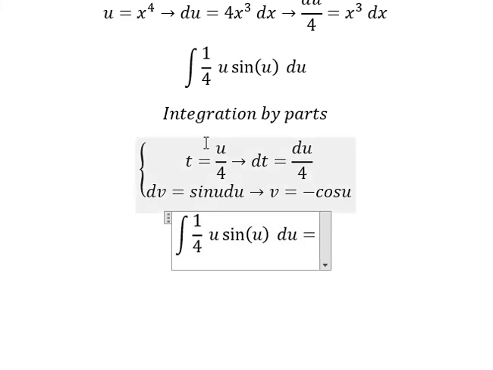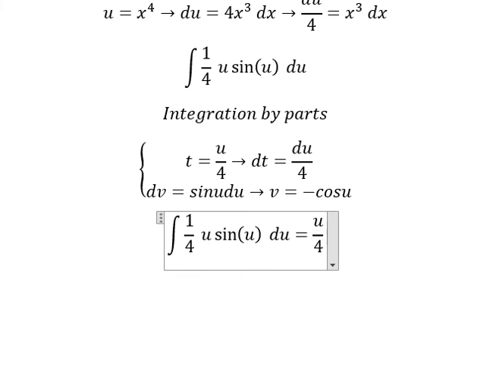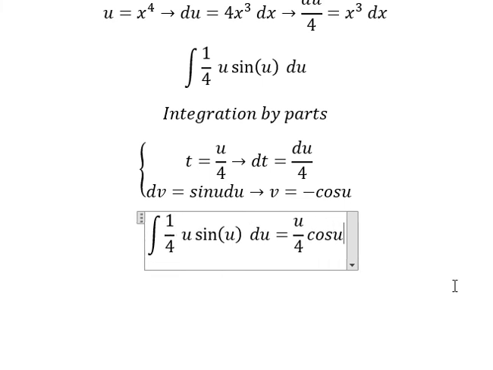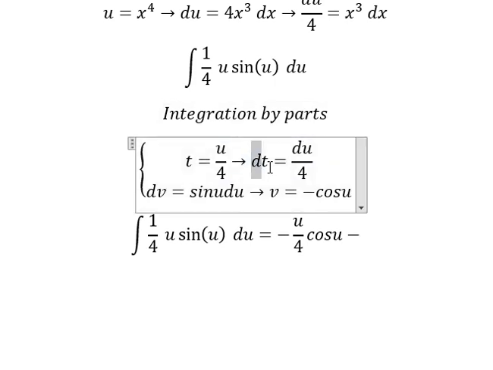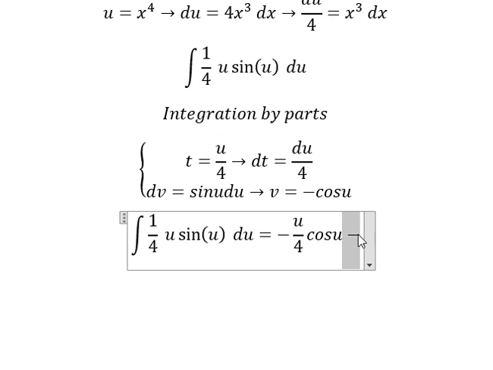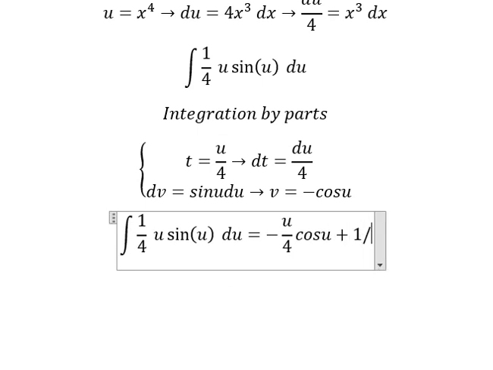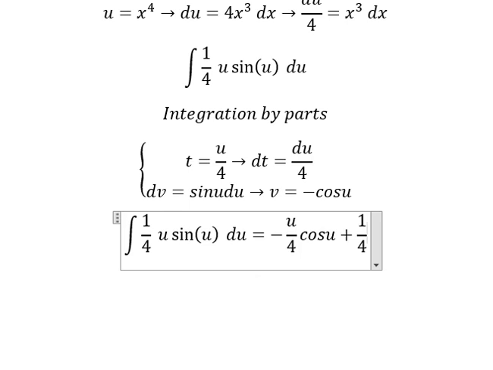So we have t multiplied by v, minus dt multiplied by v. So negative and negative in here, we have positive, and I will put 1 over 4 outside.